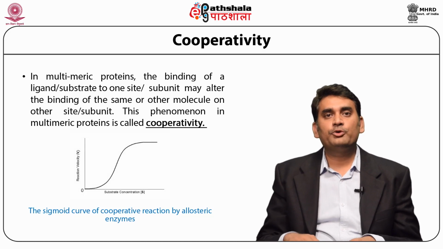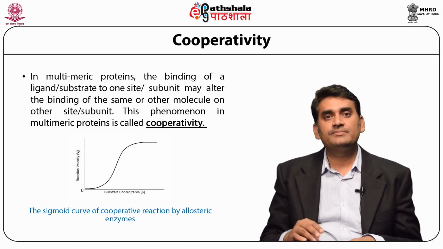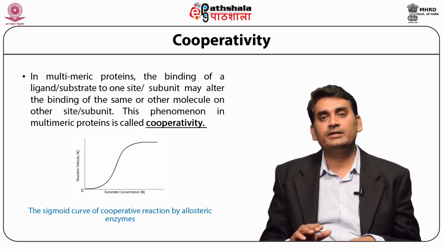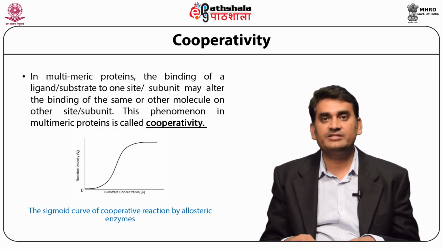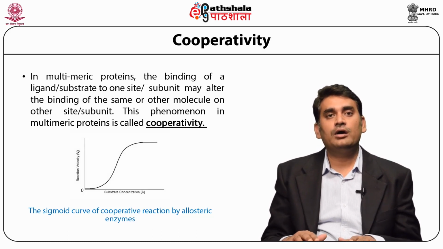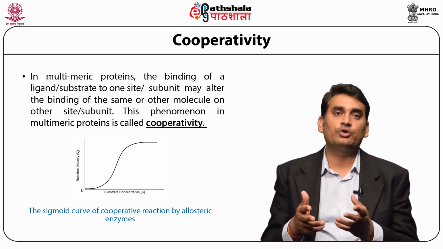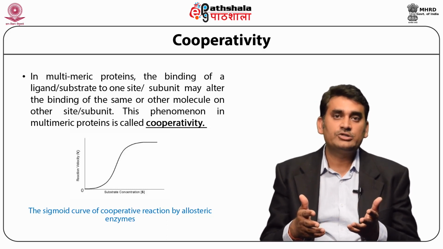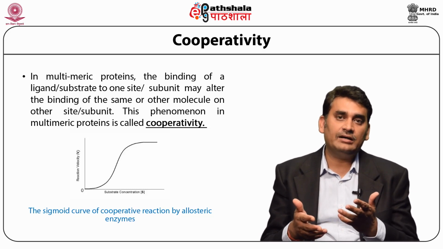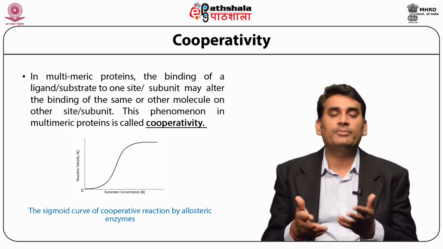So in multimeric proteins or enzymes, the binding of a ligand, or substrate in case of enzymes, to one site or subunit may alter the binding of the same or other molecule on another site or subunit. This phenomenon in multimeric proteins is called cooperativity.